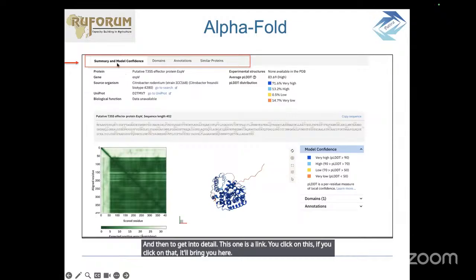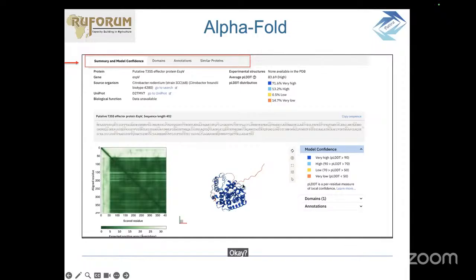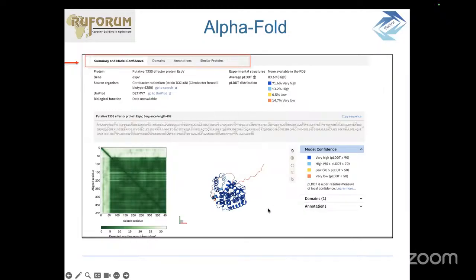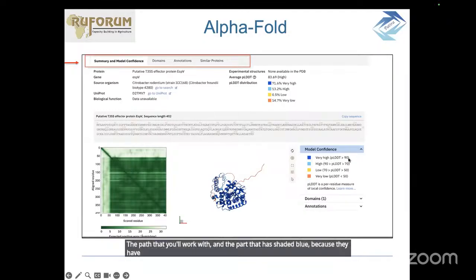It's the summary and model confidence. So that will give you the structure of your predicted protein. Okay? So this is the structure of the predicted protein, and I would like you to pay attention to that. If it's your predicted protein and you want to do more experiments in the lab, the parts that you'll work with are the parts that are shaded blue, because they have very, very high confidence.